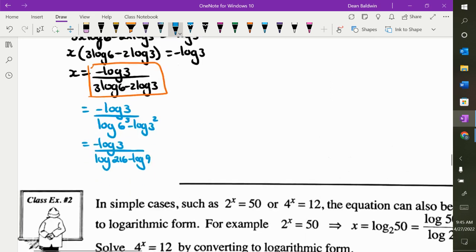You're dividing them. Anybody know what 216 divided by 9 is? 24. So you can write it like that. Negative log 3 divided by log 24.